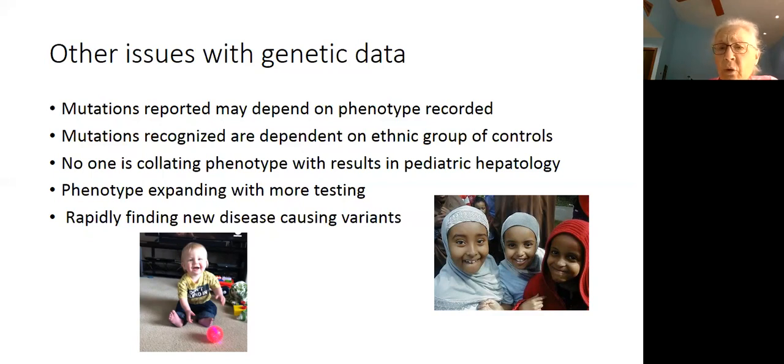We know in Northern Africa, the mutations for bile acid transporters are much more common and may be different than those in Northern European Caucasians. And we need to take that into account because our databases may only have the Northern European mutations listed. We're also rapidly finding new disease-causing variants.